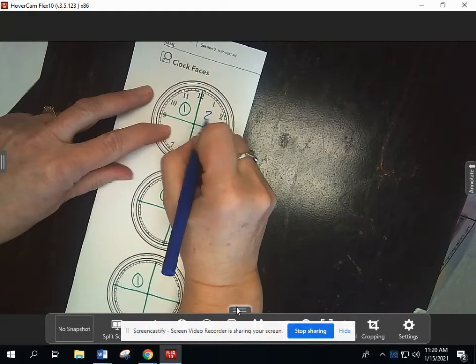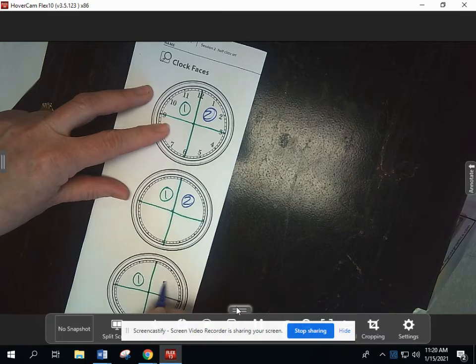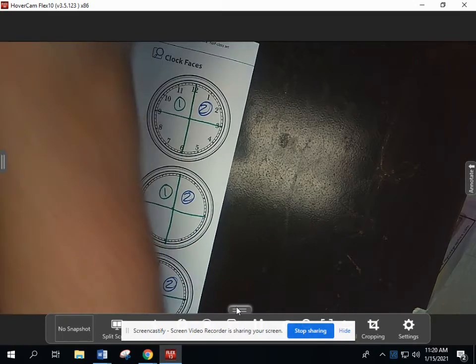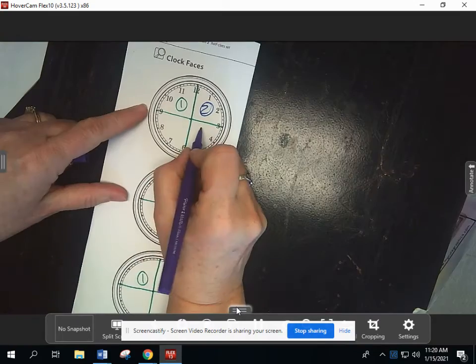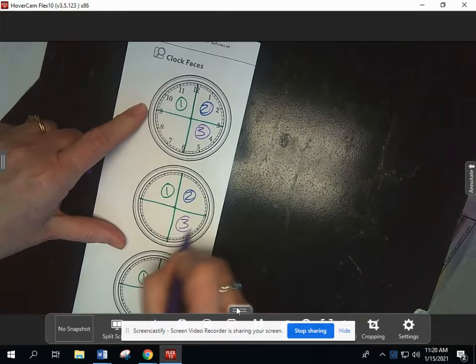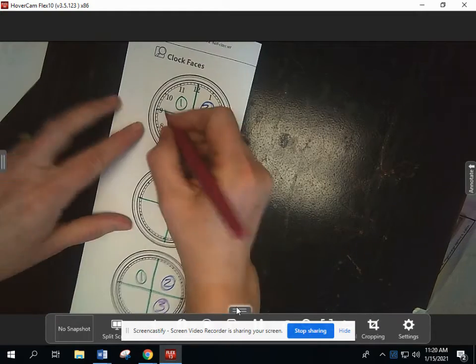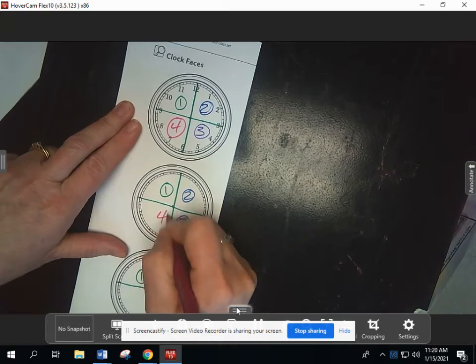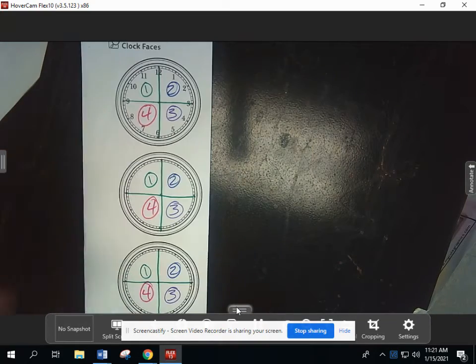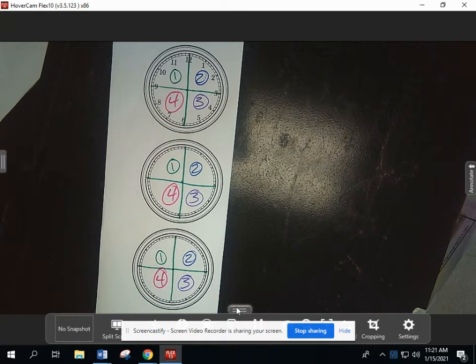Team 2. Team 3. And team 4. Okay, Ethan, am I on the right track with this? Okay, he gave me the thumbs up.